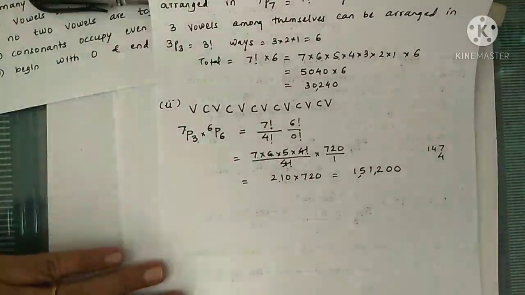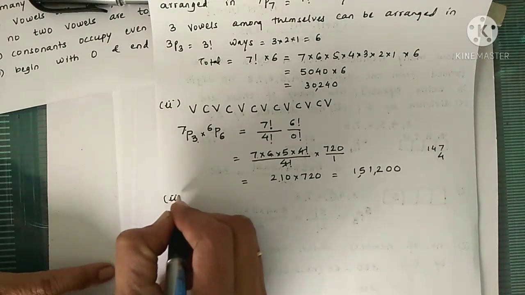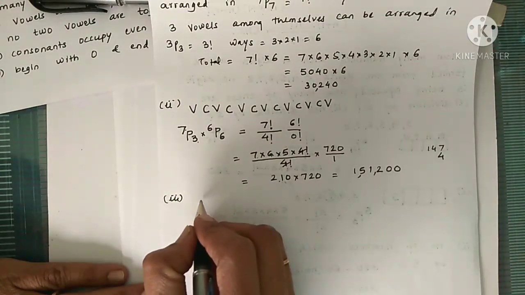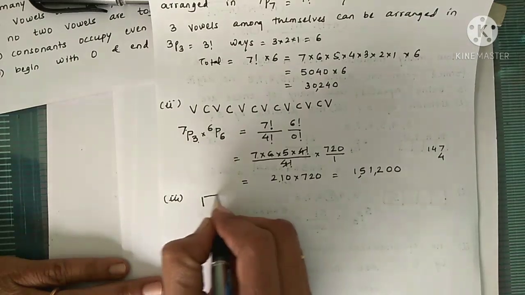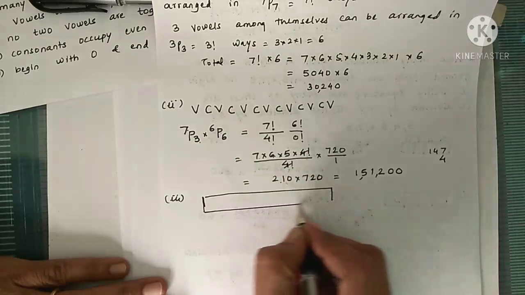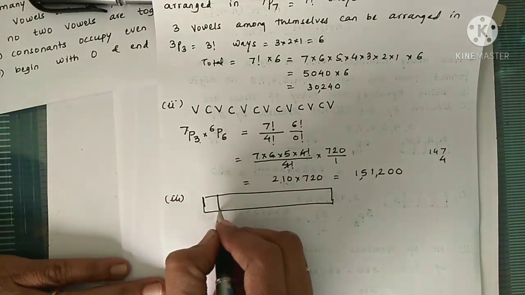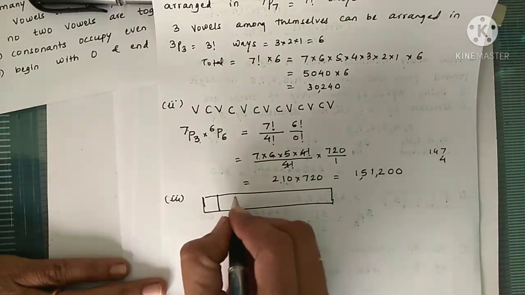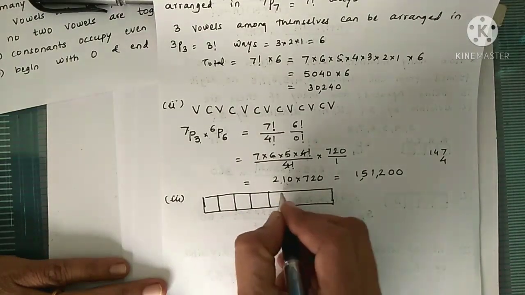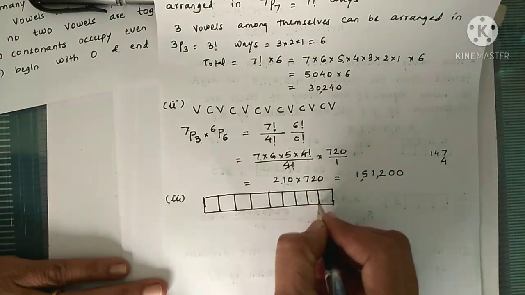Now the next one is consonants occupy even places. So we have 6 consonants and we want those consonants to be in even positions. See, in all we have a 9 letter word, logarithm. So first let me draw 9 boxes: 1, 2, 3, 4, 5, 6, 7, 8 and 9.